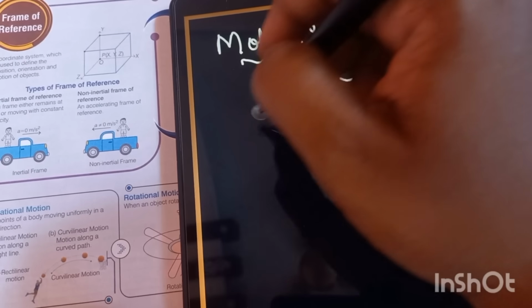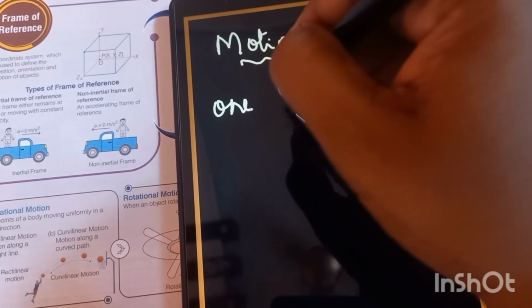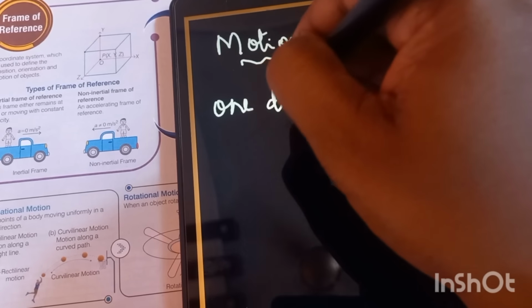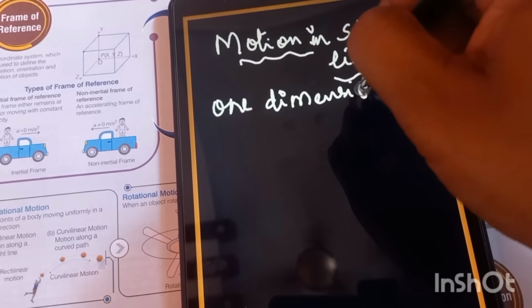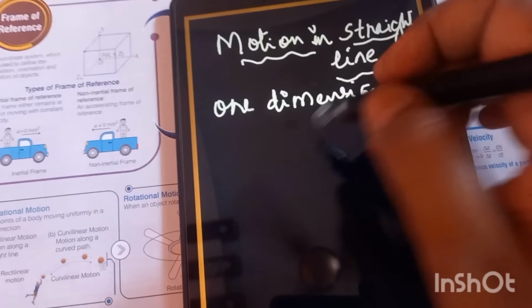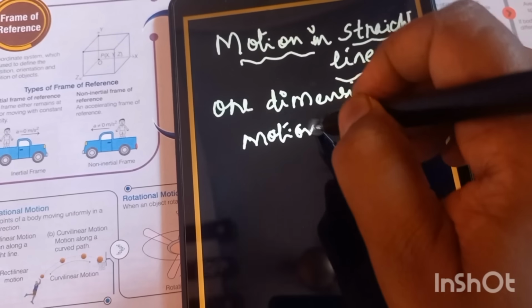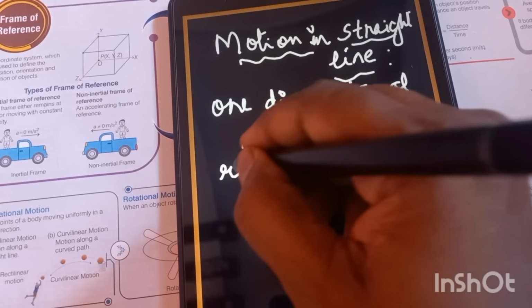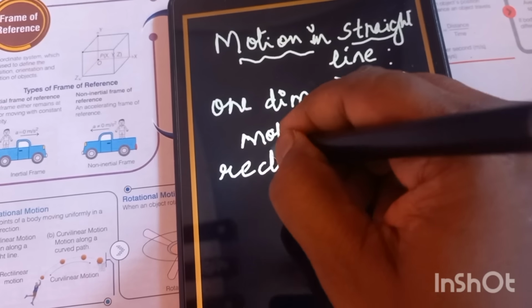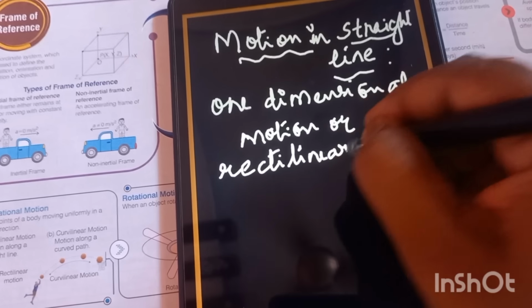Motion in straight line is nothing but a one-dimensional motion or rectilinear motion. It is known as one-dimensional motion or rectilinear motion.